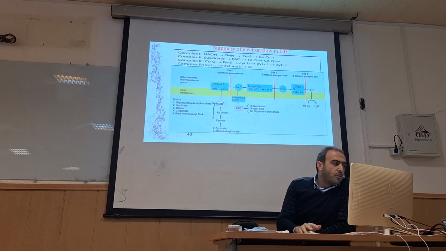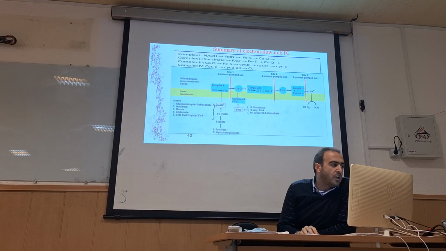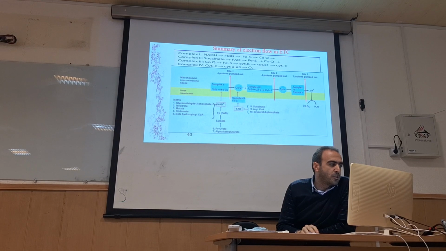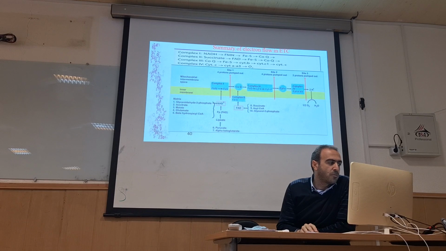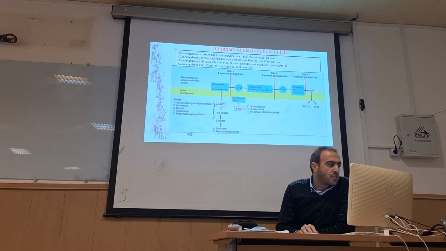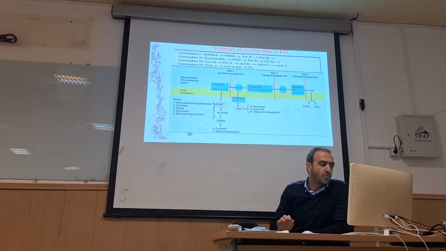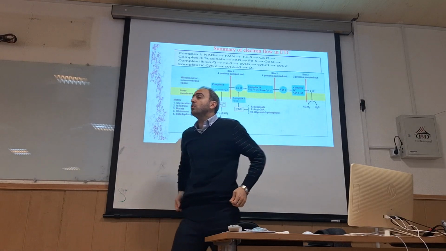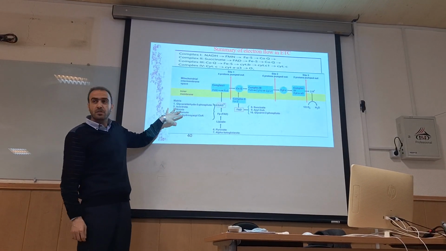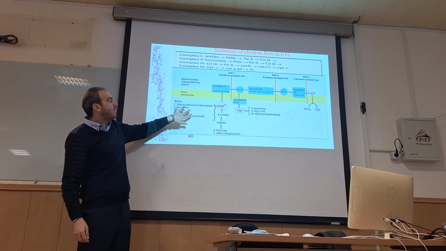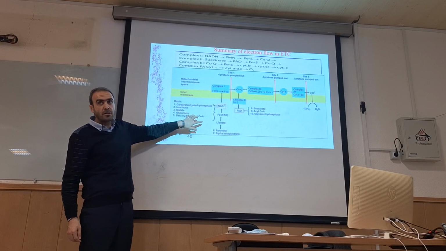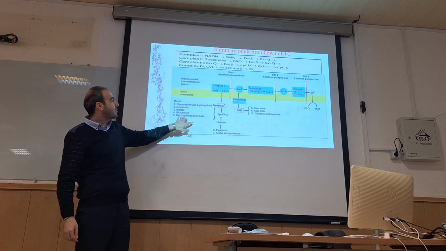Complex number 1, from NADH to FMN to FeS to coenzyme Q. Complex number 2, from succinate to FAD, FeS, coenzyme Q. Complex 3, from coenzyme Q, FeS, cytochrome B, cytochrome C1, cytochrome C, and finally from cytochrome C to cytochrome A3, and finally to the oxygen. Here we have enzymes which produce NADH for us, like glyceraldehyde phosphate dehydrogenase, isocitrate dehydrogenase, malate dehydrogenase, pyruvate dehydrogenase, beta-hydroxy acyl-CoA dehydrogenase.